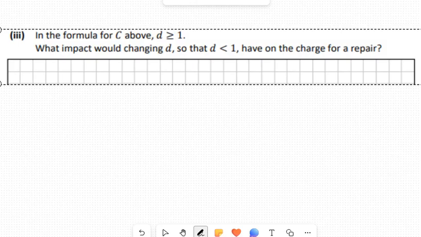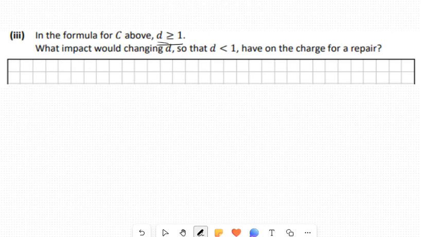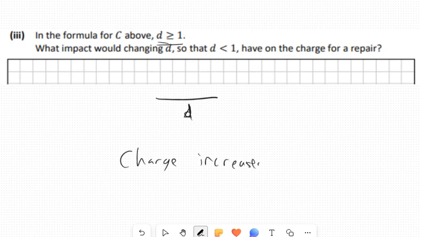Now the last part then, so d is greater than or equal to 1. What impact would changing d have? Well, d is on the bottom of the fraction. Therefore, if d was less than 1, it would just mean the charge increases.